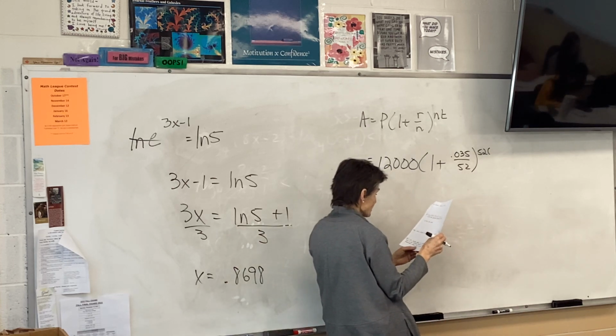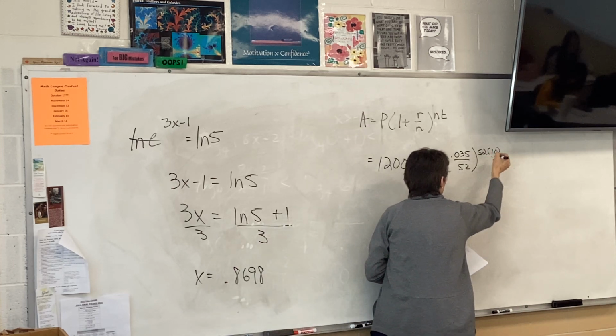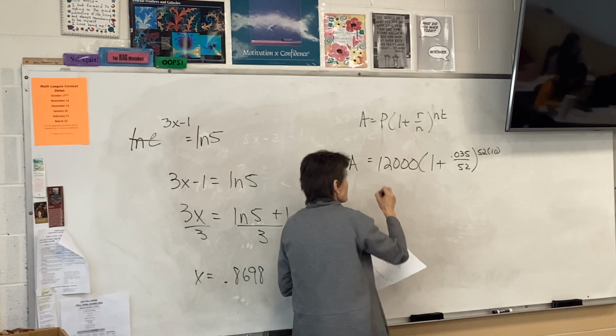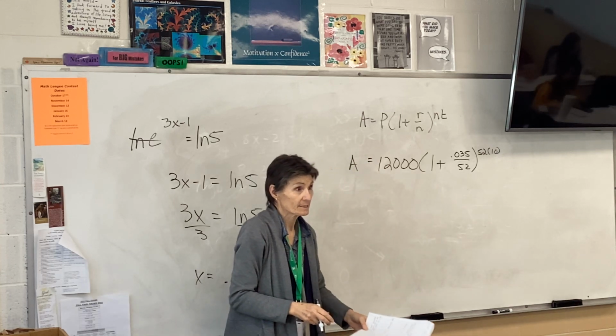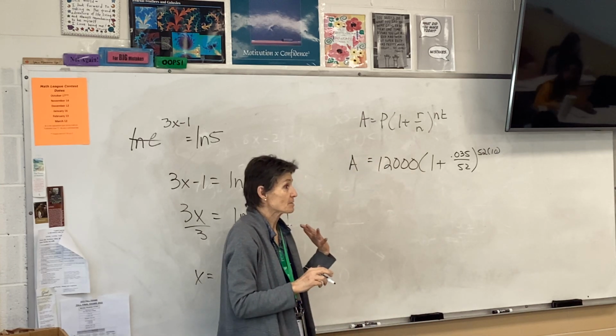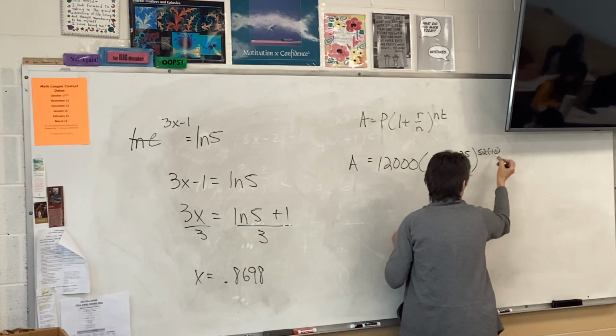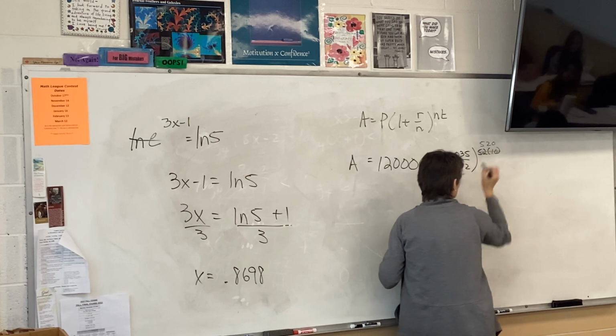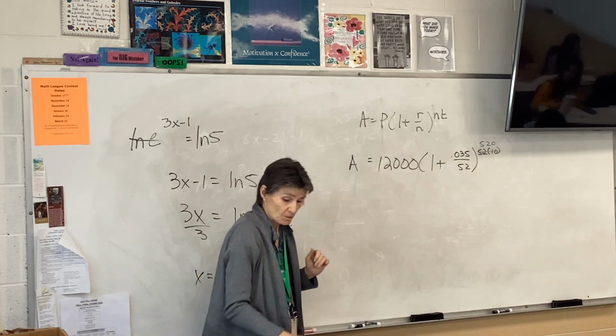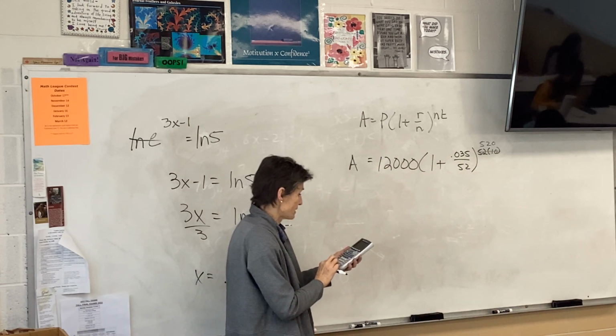How many years? 10 years? This is one of the easy ones to type in. I would first of all make this a 520. You don't have to, but it just makes it a little easier, I think.